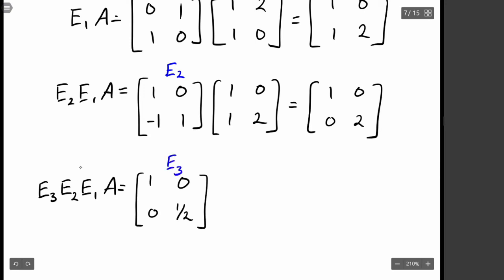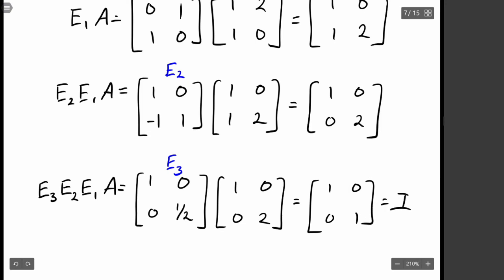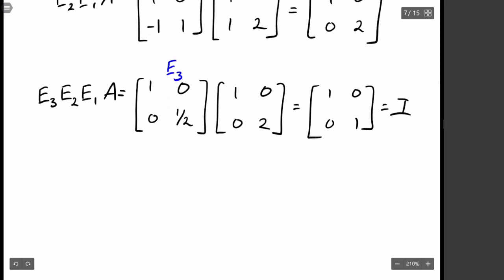And again, I'm going to copy E2, E1A and put that here, 1, 0, 0, 2. If we multiply this out, we'll get the identity matrix. So what we have here is that E3 E2 E1 A is the identity.